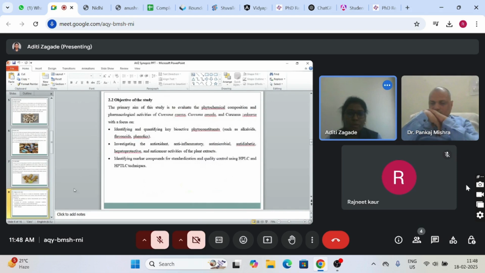Then next, the objective of this study. The primary aim of this study is to evaluate the phytochemical composition and pharmacological activities of Curcuma caesia, Curcuma amada, and Curcuma zedoaria by focusing on identifying and quantifying bioactive phytoconstituents such as alkaloids, flavonoids, and phenolics.